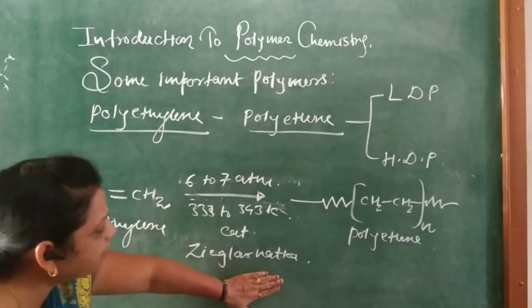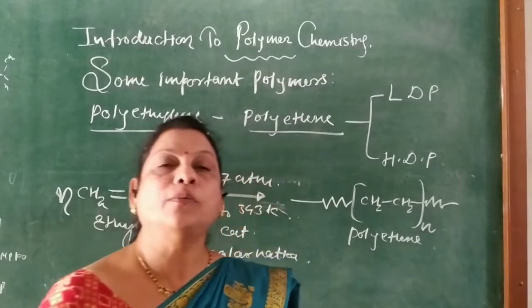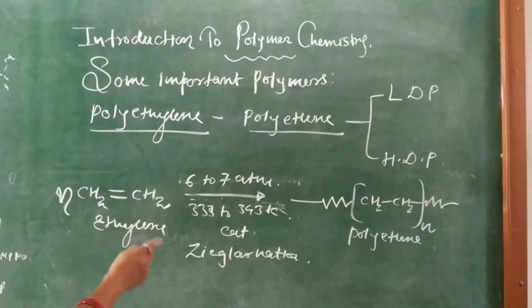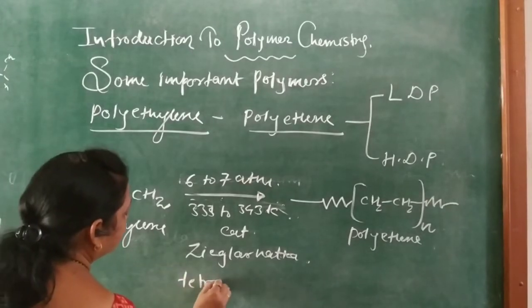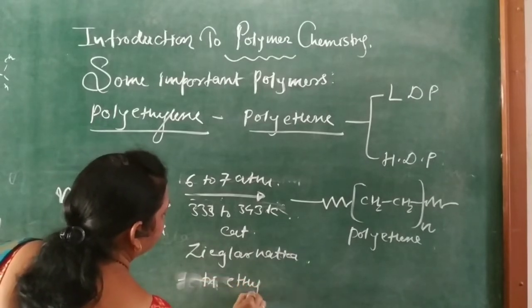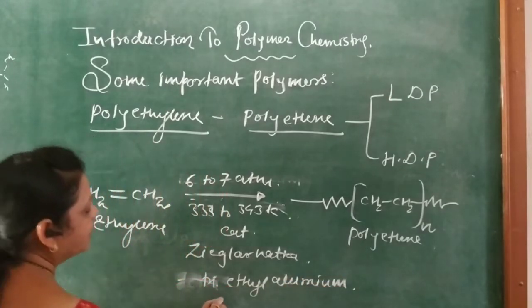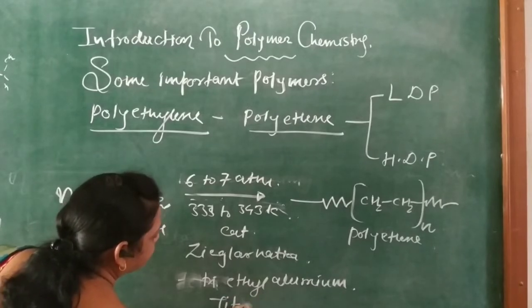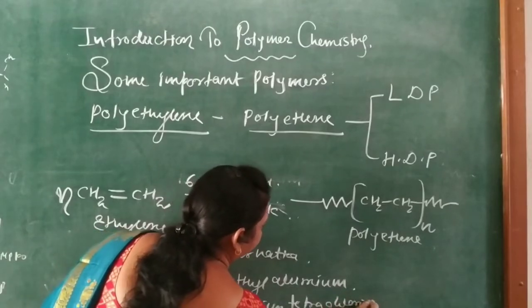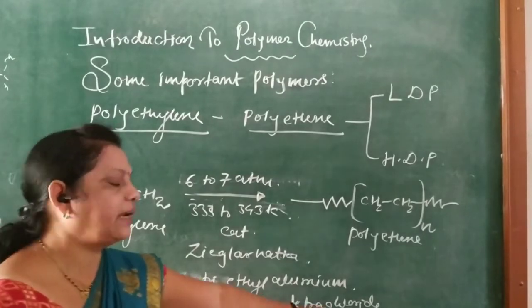Because of this catalyst, the monomers are closely packed to each other and form the high density polymer. So what is the Ziegler-Natta catalyst? It is triethyl aluminium with titanium tetrachloride.